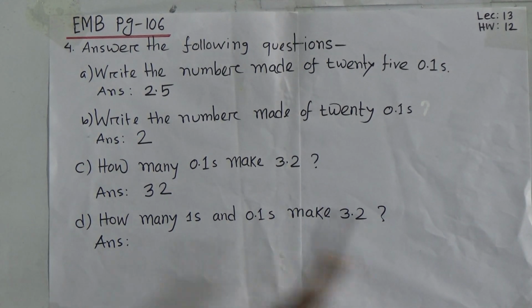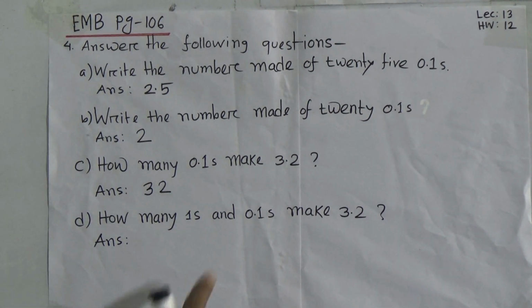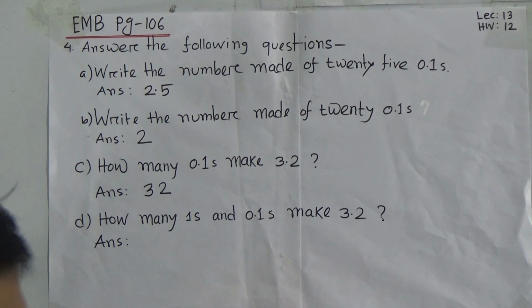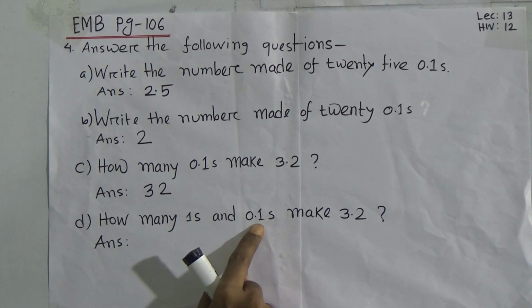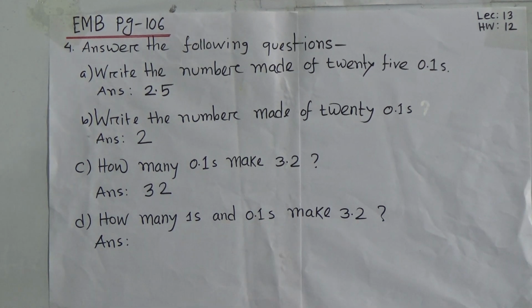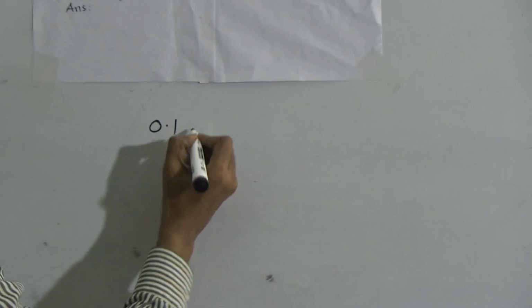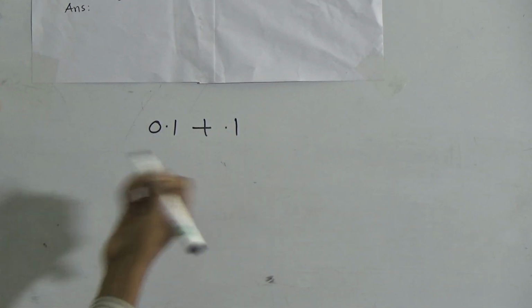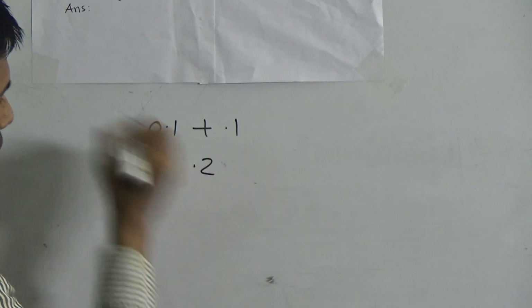Now, I will talk about 0.2. You see, that means how many 0.1 make 0.2? I repeat again, how many 0.1 make 0.2? You see, 0.1 or 0.1. This means what? 0.1, 0.1. That means 0.2.